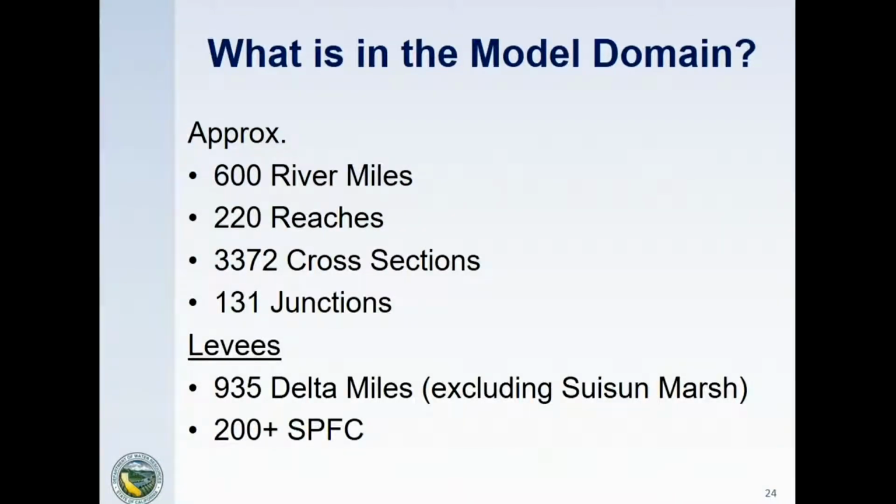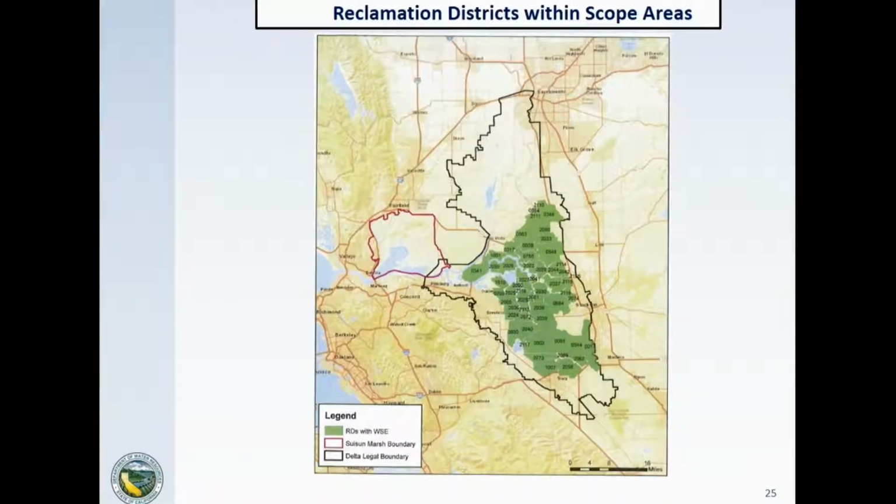In this model domain, we are talking about so many miles of cross-sections, junctions, and so many Delta levees and very few SPFC levees. Now, to cut short that effort, in the 92 study all the water surface profiles were drawn in those green polygons. These are the RDs in the legal Delta domain.